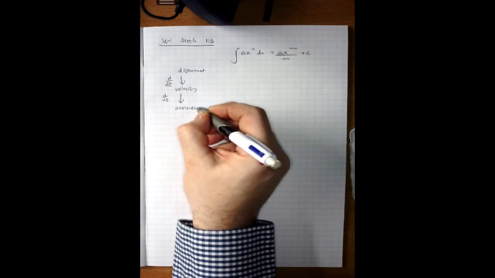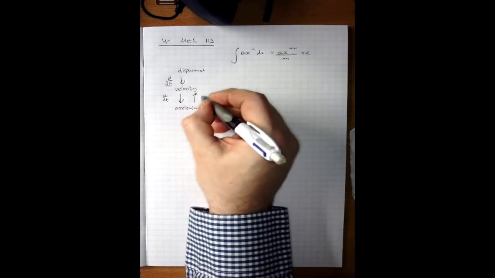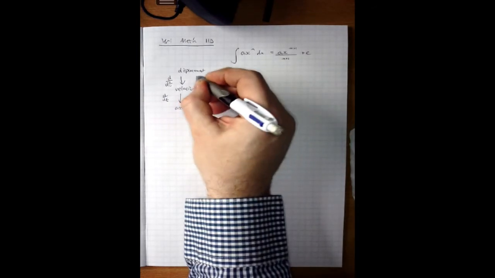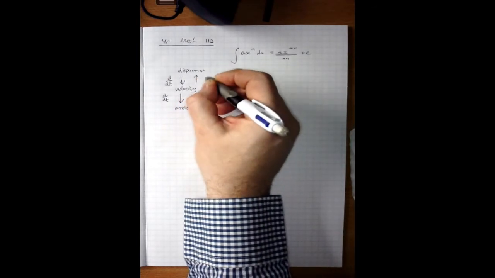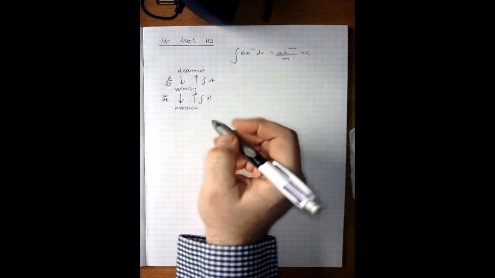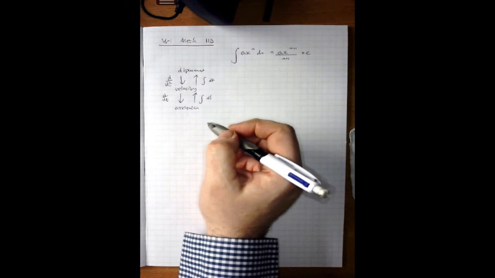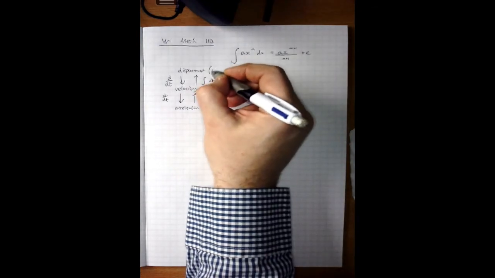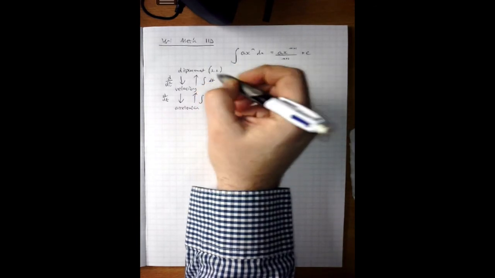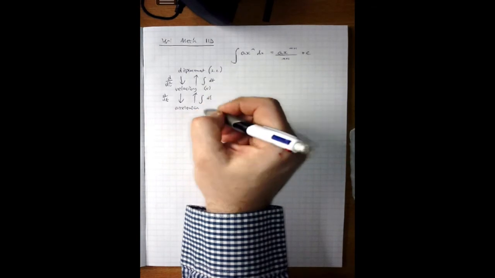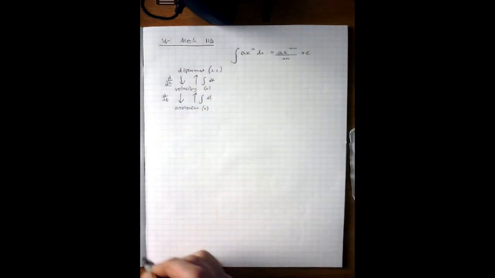Well, if I go the other way, if I integrate my acceleration, I get my velocity, and if I integrate my velocity, I get my displacement. Sometimes they call displacement s, sometimes they call it x. Doesn't matter. Velocity is pretty much always v, and acceleration is pretty much always a.